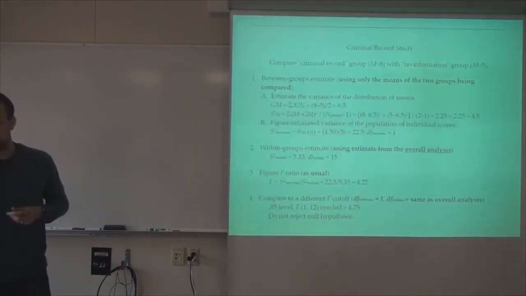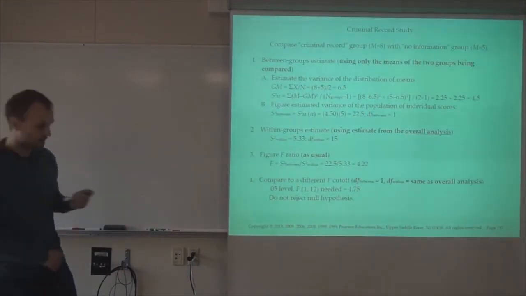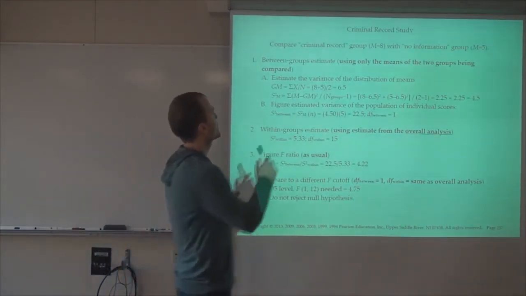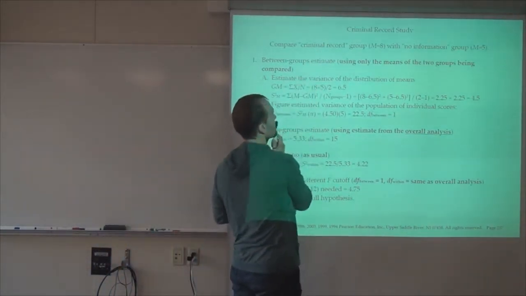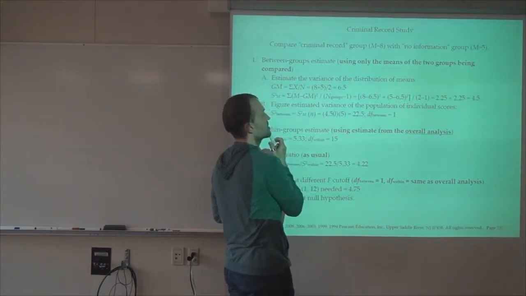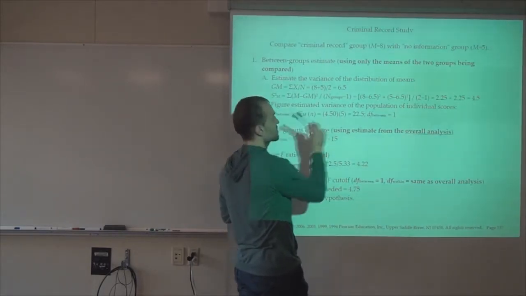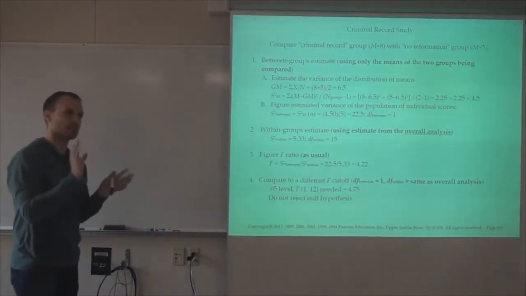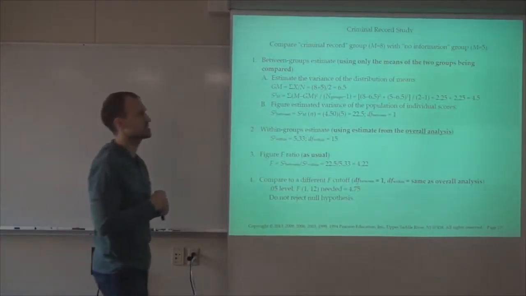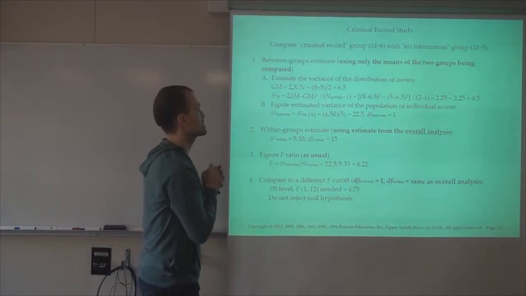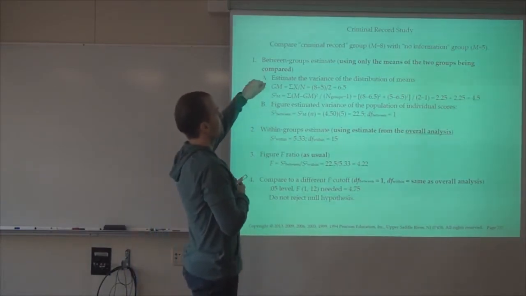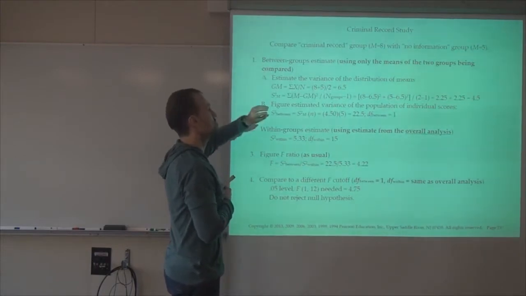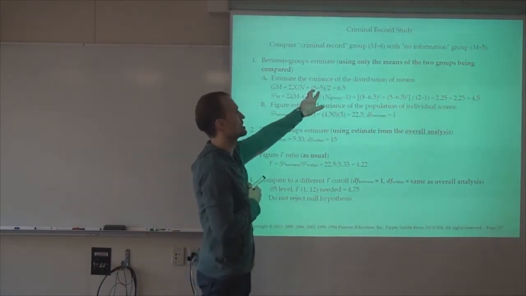So if I do that very briefly here, for my criminal record study, I'm going to compare the group that gets the information that the defendant has a criminal record versus the no information group. I suspect that that's where the biggest difference is. So let's test those two groups against each other. So then I recalculate the between groups estimate using only those two groups, only two of the means.